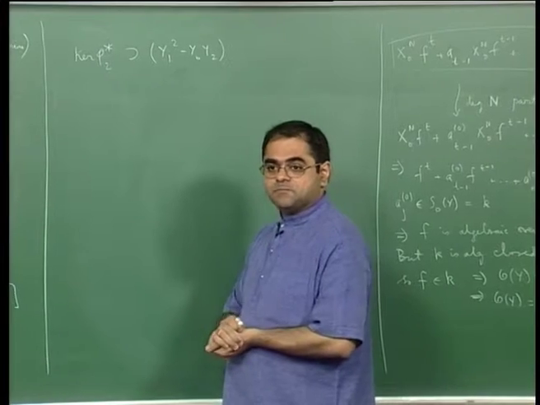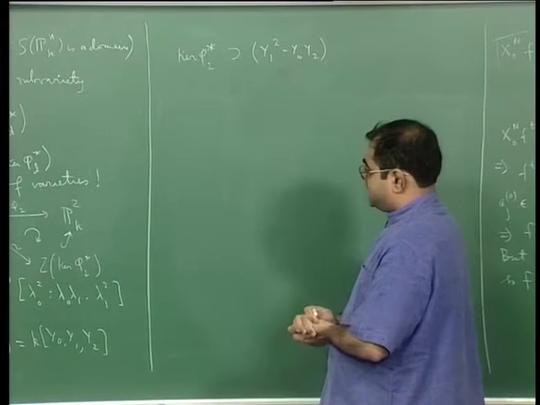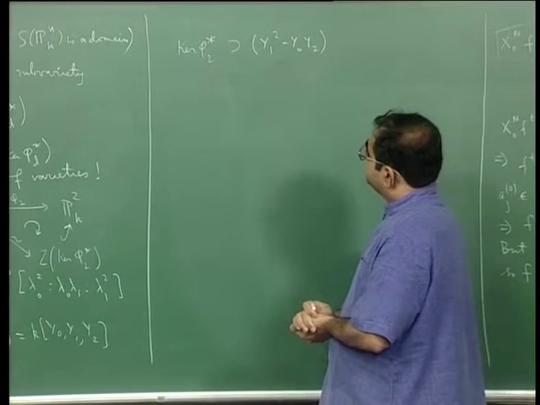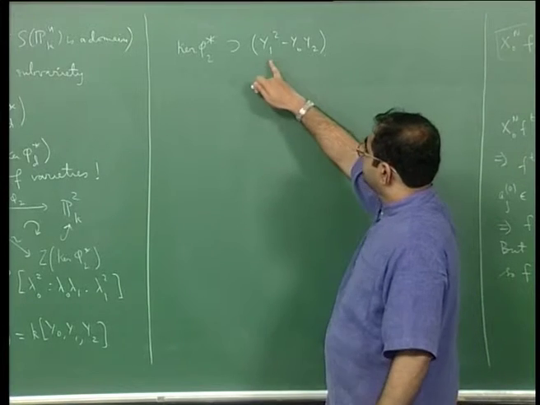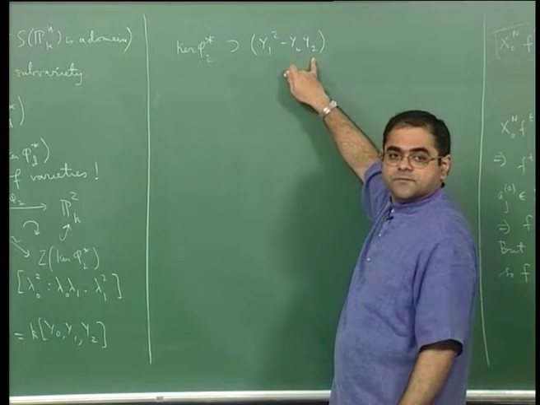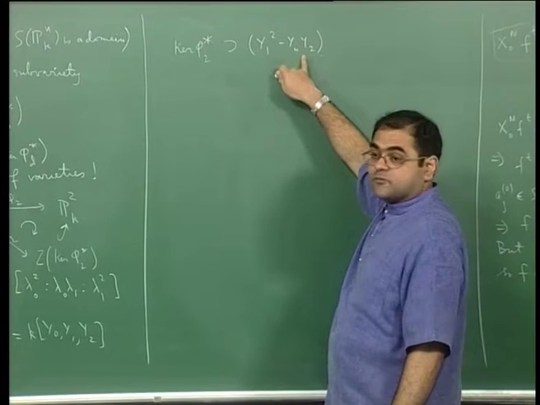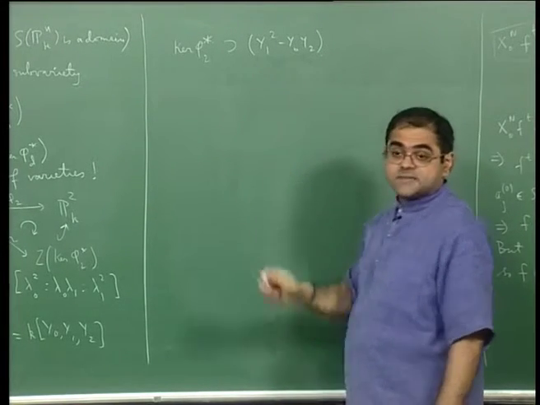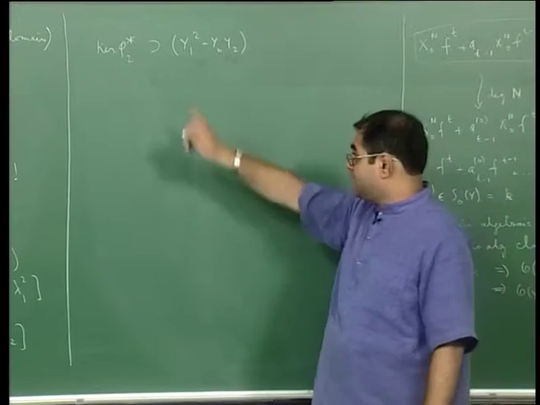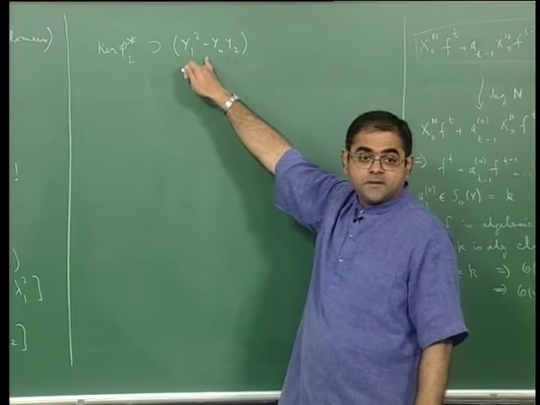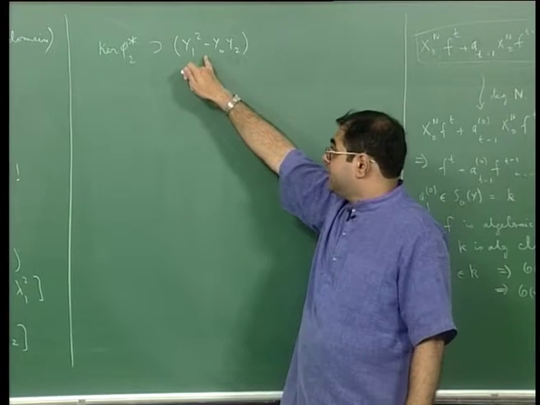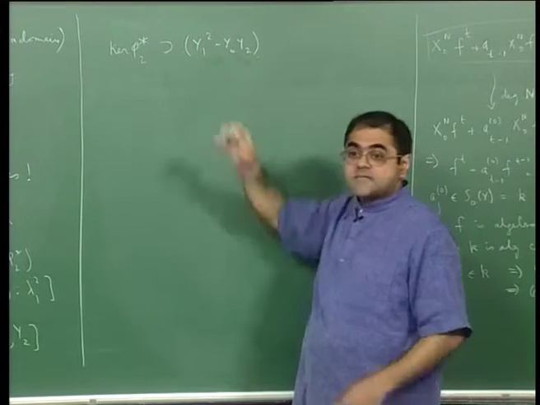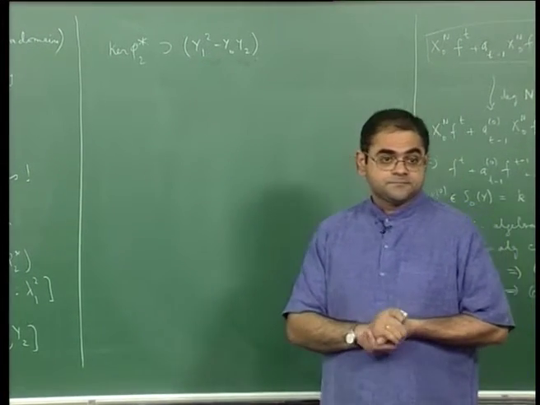The reason is that y1 squared minus y0 y2 is an irreducible polynomial. Therefore, the ideal it generates is a prime ideal, and this is a homogeneous prime ideal. And the height of this ideal is going to be 1.